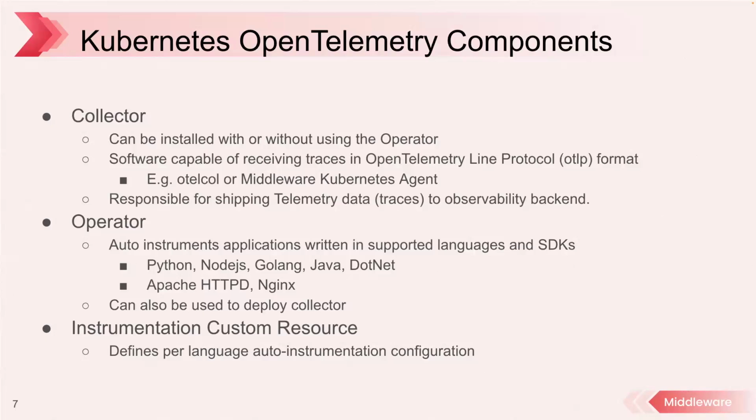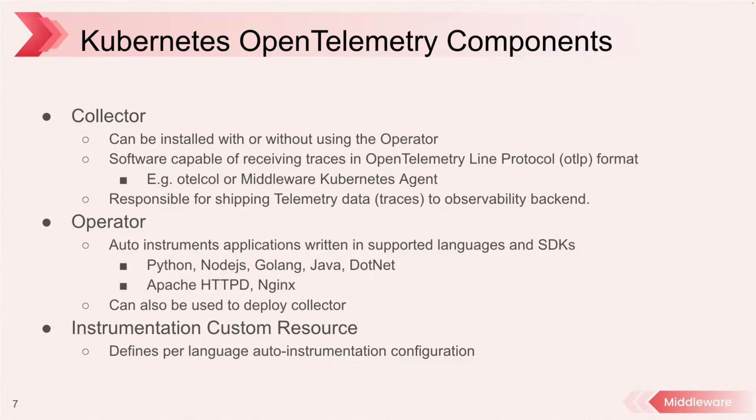Okay, so the third thing it provides is something called instrumentation custom resource. So I mentioned that there are different languages that we can auto instrument, and each of those languages have their own nuances. So we need a place where we can specify if we want to do something custom for a different language, or if we want to ship traces, let's say you have a prod and dev environment, you want to ship your traces for prod to a particular backend, and your dev traces will go to some other backend.